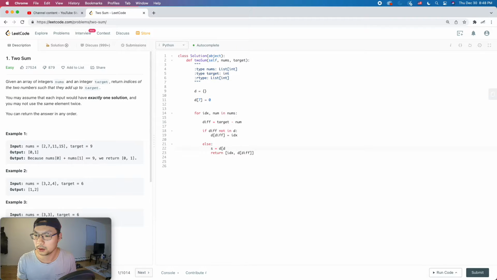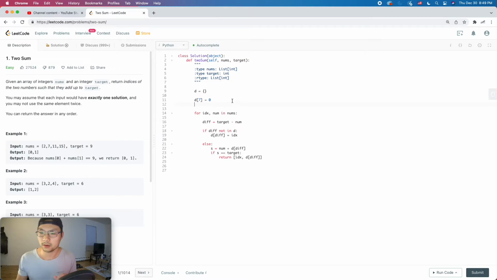Actually, not that. It would be num right now plus the difference. If S equals target, then we return something like that.